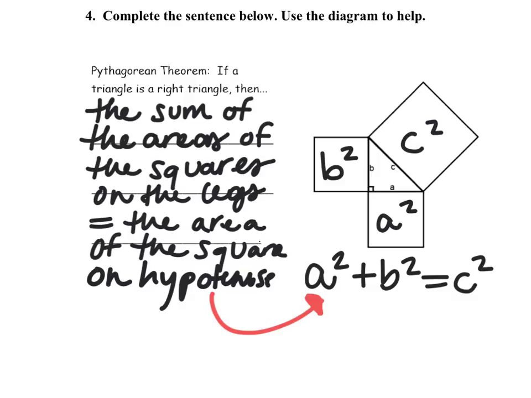We discovered that if I have a right triangle, then the sum of the areas of the squares on the legs, so if I add these two smaller squares together, is equal to the area of the square on the hypotenuse. If I take the two smaller areas and I add them together, I get the area of the hypotenuse. That's what that says. And a short way to say it is a squared plus b squared equals c squared. Little area plus little area equals a big area.